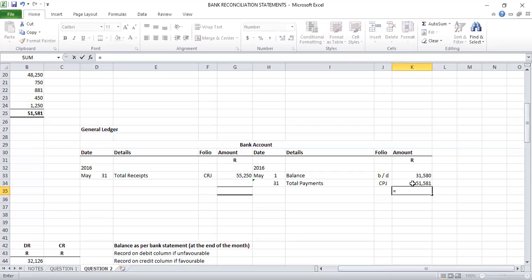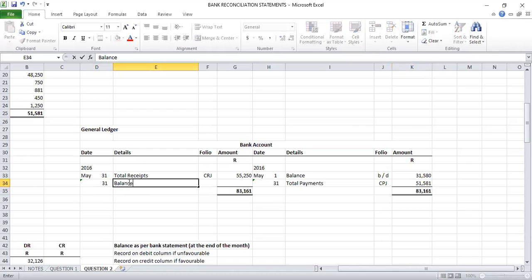So we take the total of the larger side and we enter it on both sides in the same line. Then on the smaller side, we enter the difference above the total.